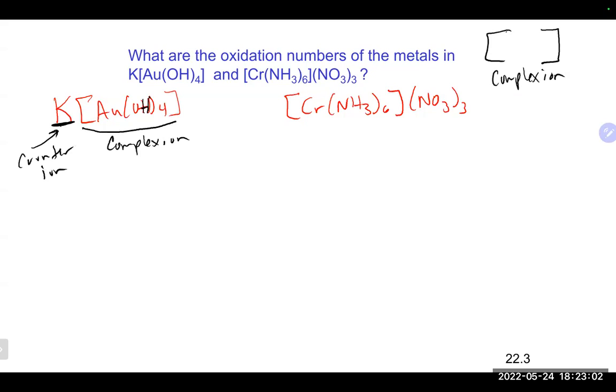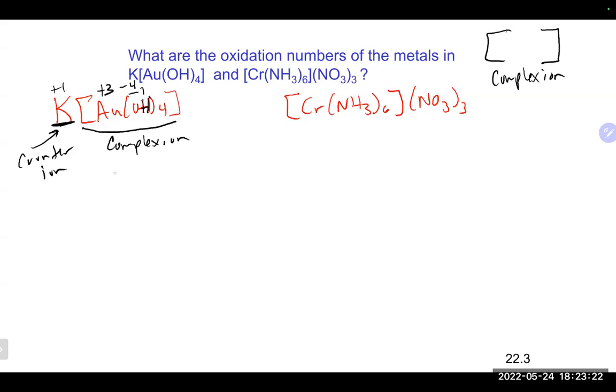In terms of charge, our oxidation state on the gold, which is what we're looking at here: OH is OH minus, which is -1. There are 4 of them, which gives you a -4 overall. Potassium is +1, so to balance it out to 0 here, the gold should be +3 in this case.